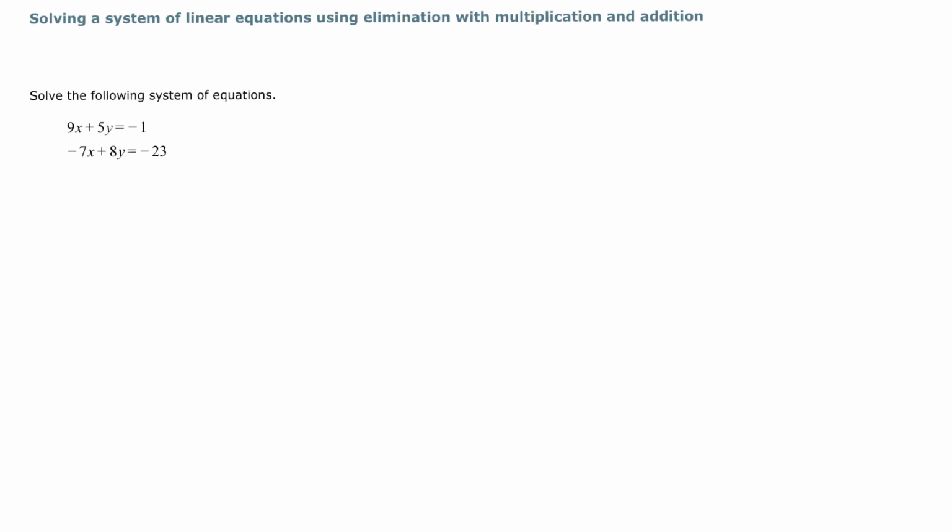And what are we going to do? We're going to do a little bit of trickery here. Why don't we temporarily eliminate the x values? And the way we're going to do that is find the LCM of 9 and 7. What is the LCM of 9 and 7?